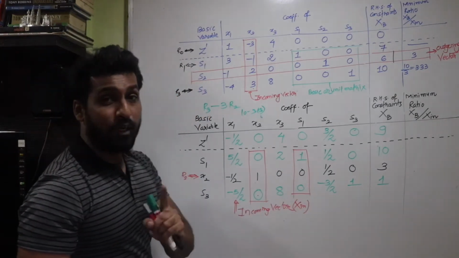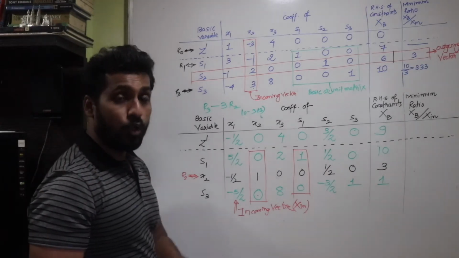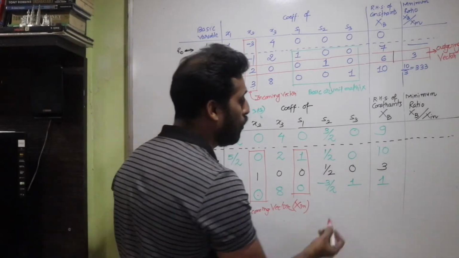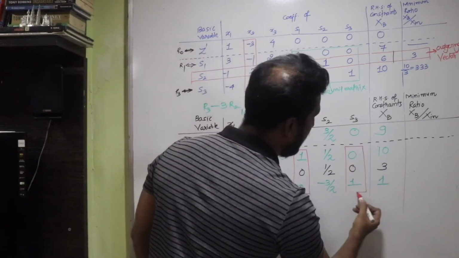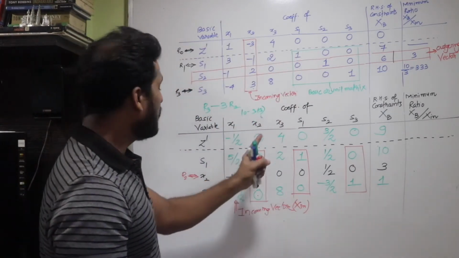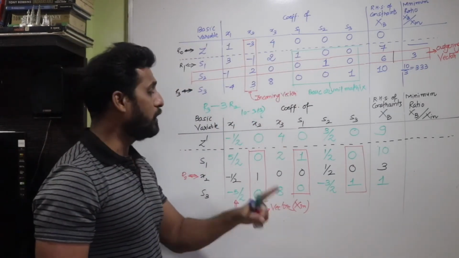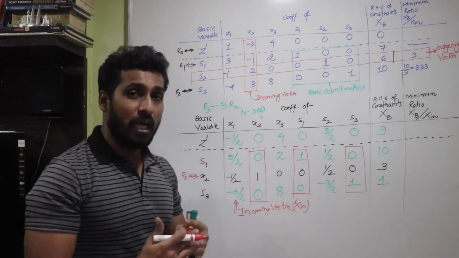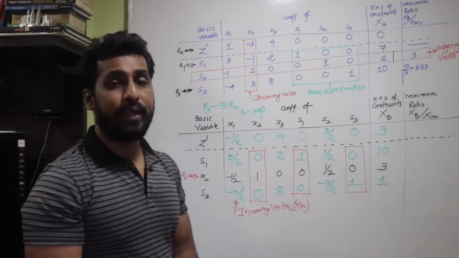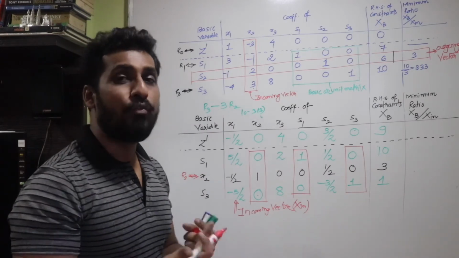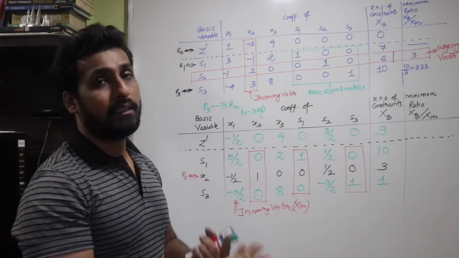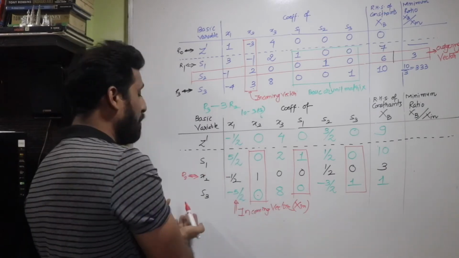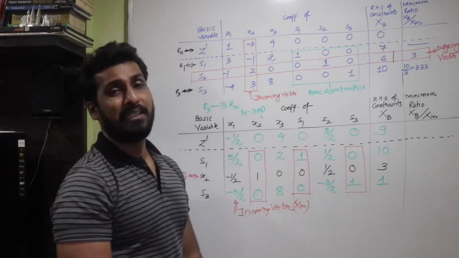And now you can definitely guess that S3 is looking like 0 0 1. So take a look at this. That's the basic matrix. The first was S1 1 0 0, X2 0 1 0, and S3 0 0 1. So that is how you can understand what a basic variable is. One who forms the basic matrix is called a basic variable, and if the basic variable is there, it will definitely make the basic matrix.